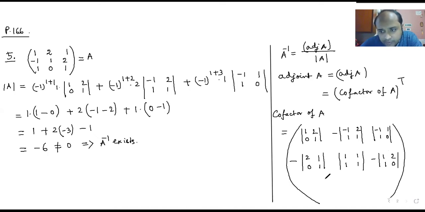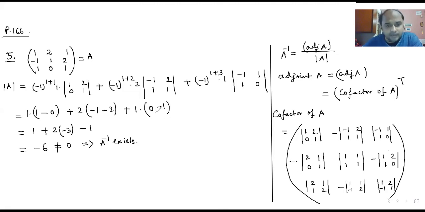Then again positive, 2, 1, 1, 2. The next one will be negative, so 1, 1, -1, 2.